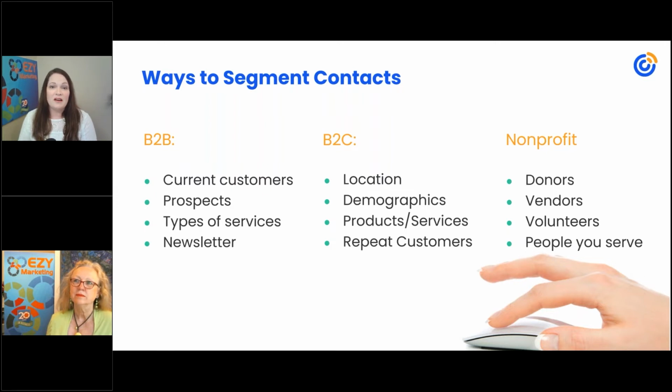How you group these contacts could depend on their demographics or their location, and some of this you can do manually with your existing distribution list. But if you have thousands of emails, it's going to be extremely tedious and time-consuming, if not impossible, to separate all the different groups, the donors from the vendors, from the customers.